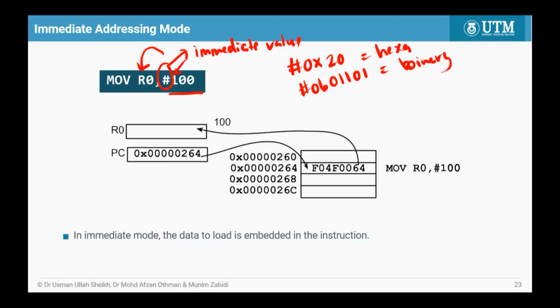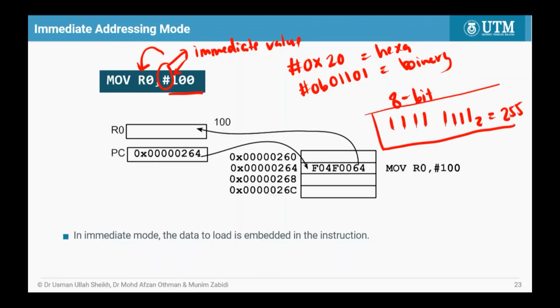Since 100 fits in 8 bits, for an 8-bit unsigned number the maximum value is 11111111, which is equivalent to 255. So you need to be very careful. For an unsigned number, the maximum is 11111111, which is 255 in decimal.